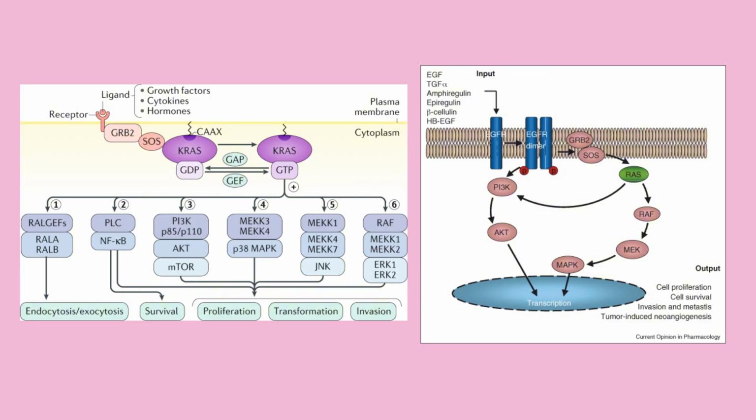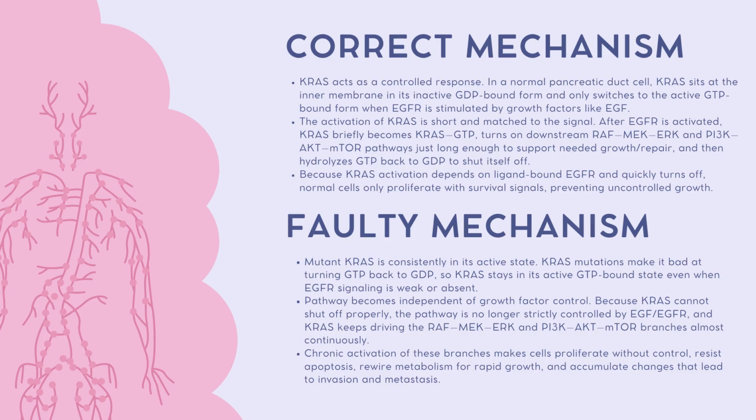The second diagram is a simplified version that highlights only the two dominant pathways, showing how they feed into the nucleus to drive transcription that supports cell growth and survival. In the correct mechanism, Kras stays inactive until a growth factor activates EGFR at the cell surface.